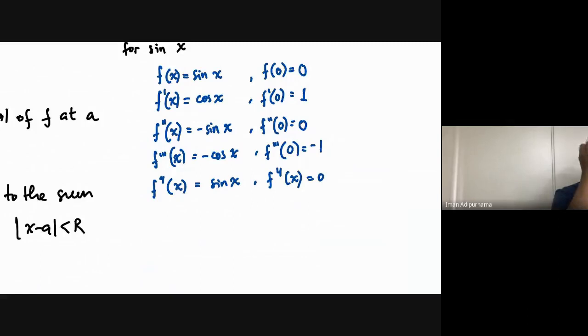Now we can set up our expansions. They start from f(0) and then f prime 0 divided by 1 factorial, plus, oh wait, dx.